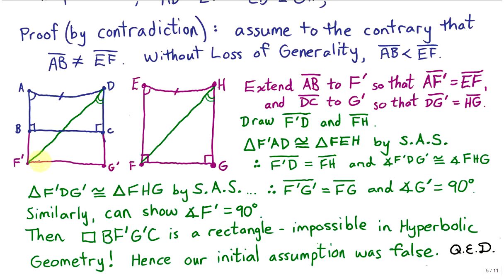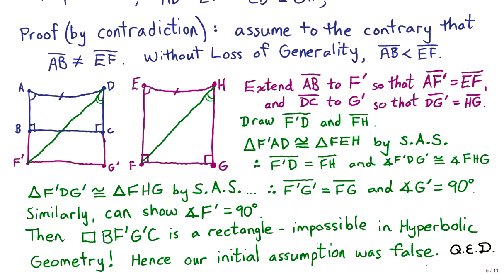And here's where something goes wrong. This would imply that B F prime G prime C is a quadrilateral, but all the angles are right angles. Now, by hypothesis, we're working in the context of hyperbolic geometry, and we know that in hyperbolic geometry, no rectangles exist.